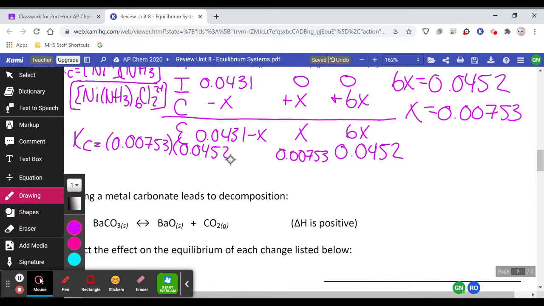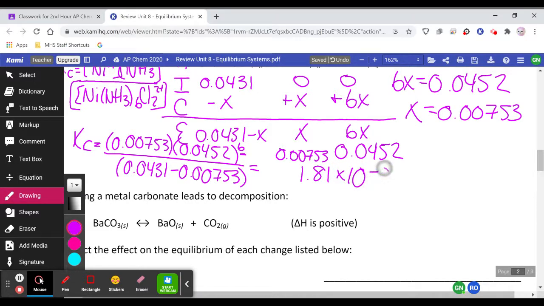We need to remember to raise that to the 6th power. And put that all over that. And so when I enter that all in my calculator, don't forget your little 6 up there, I get 1.81 times 10 to the negative 9.